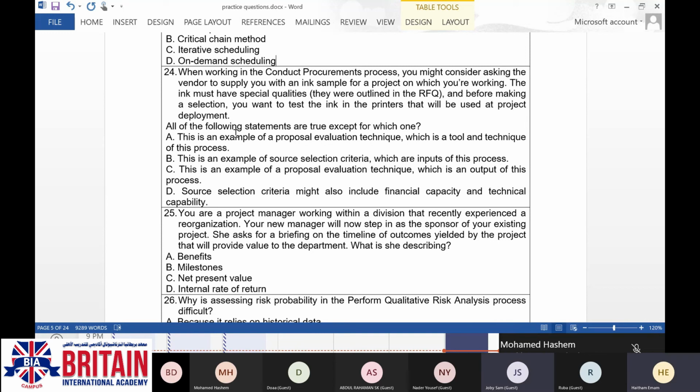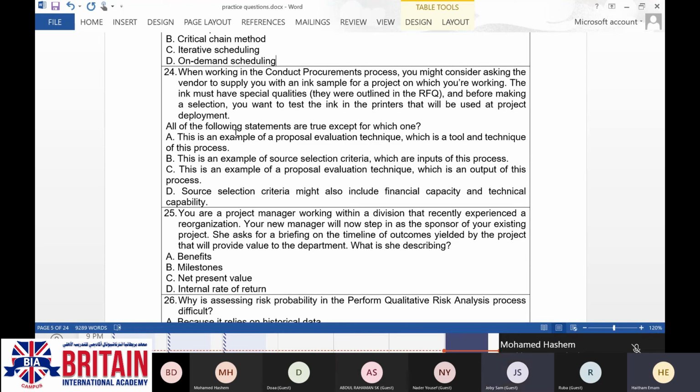Okay, first of all, source selection criteria. When you are going to identify it, when we are sending for quotation, first of all, source selection criteria, when you are going to create it, you are going to create it in the plan procurement.